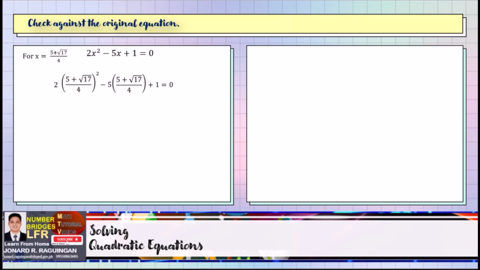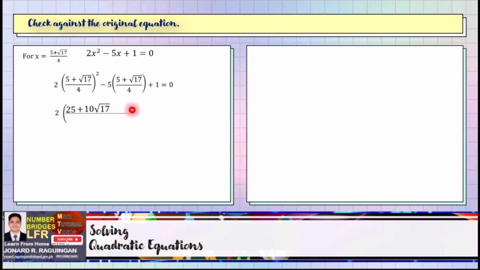Then simplify. Copy 2, square the binomial, that is equal to the square of the first term, which is 5, that is equal to 25. Then, to get the middle term, twice the product of the first term and the second term. That is 2 times 5, 10, times square root of 17 is positive 10 square root of 17.